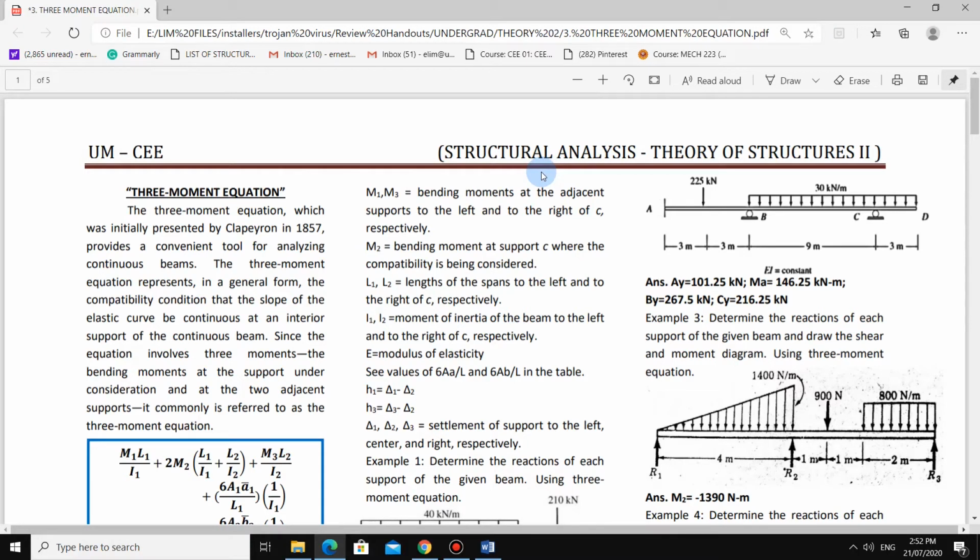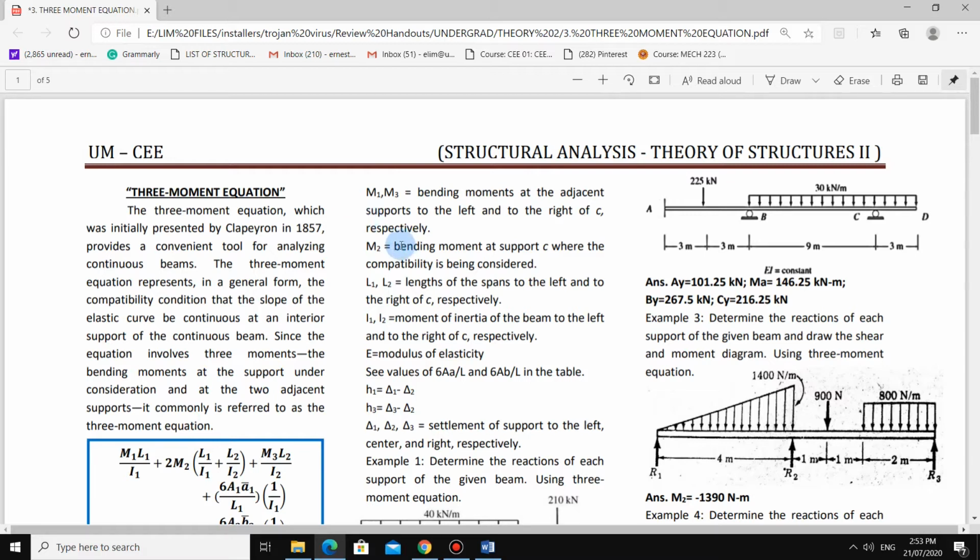So this will be our last topic for our subject, which is the three moment equation method. I really need to discuss this because this method will be very useful when you take your Macboard later, in your CE 603, the design subjects, most especially when you deal with indeterminate beams.